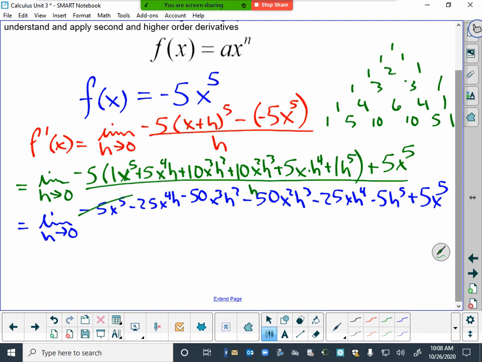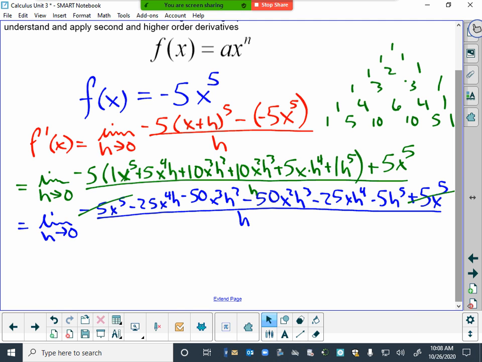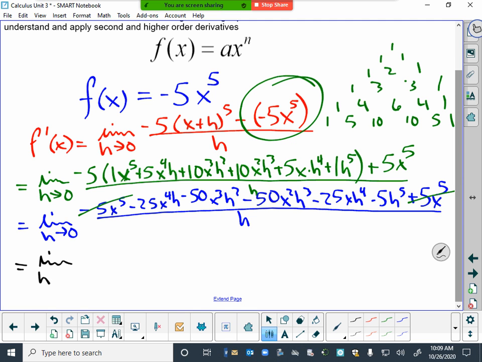And I've got a minus 5x to the fifth and a plus 5x to the fifth, and that, of course, is all over h. When you're doing it this way, the whole f of x that you subtracted off should completely cancel if you've done this right, so that everything that's left has an h in it.